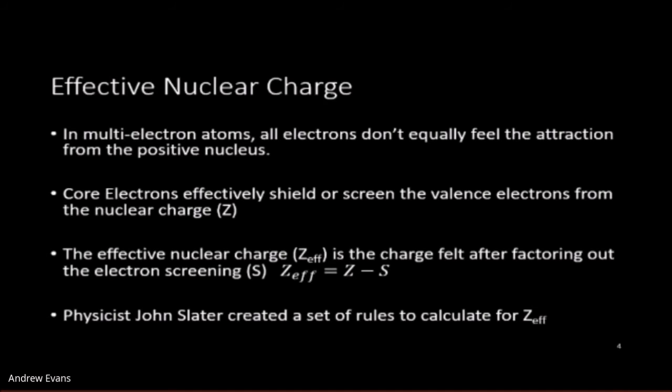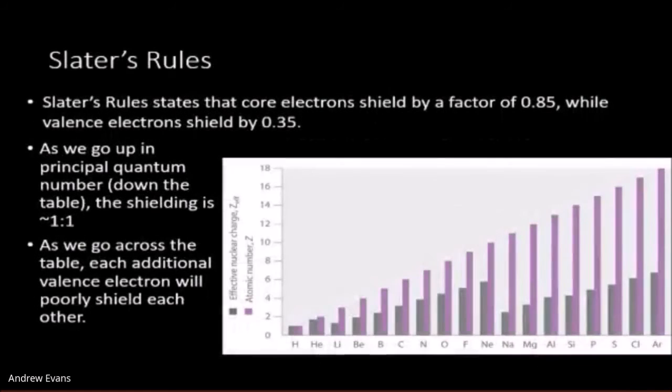Now, there are actual rules to mathematically calculate this. We will not really use them. We can make a rough estimate, but there are actual rules. The rules were that essentially every core electron shields by a factor of 0.85. So it's 85% effective at blocking out a proton. Not perfect, but pretty good.